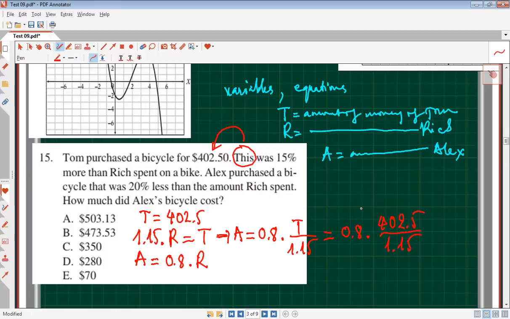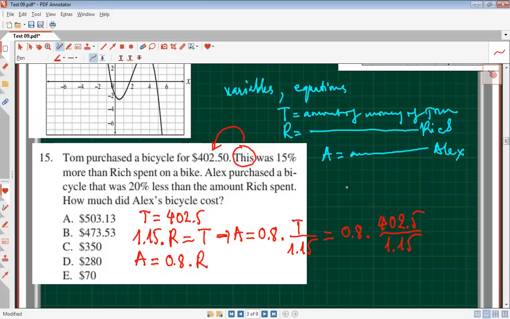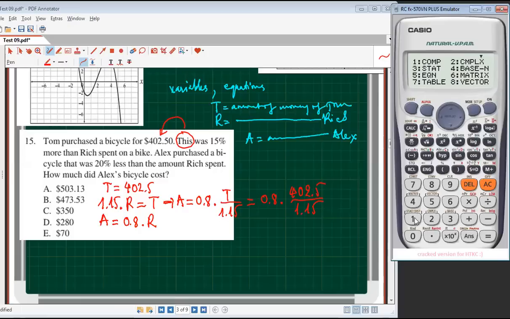Maybe we need to use a calculator. 0.8 times the fraction 402.5 over 1.15. That is 280. Option D.